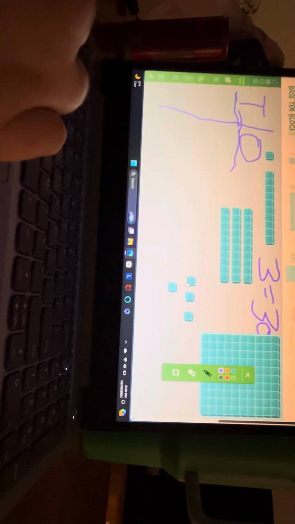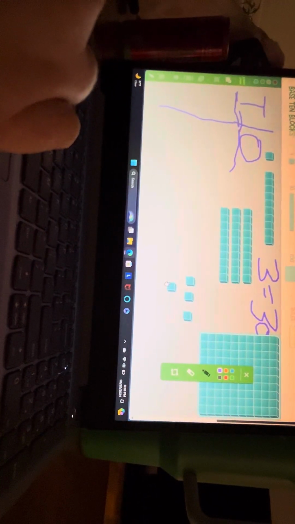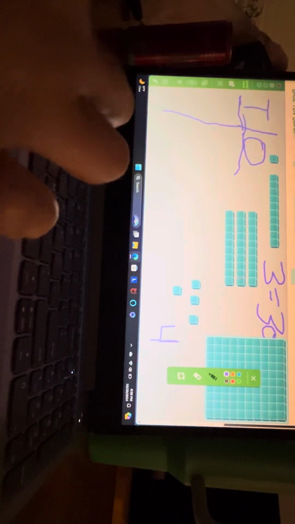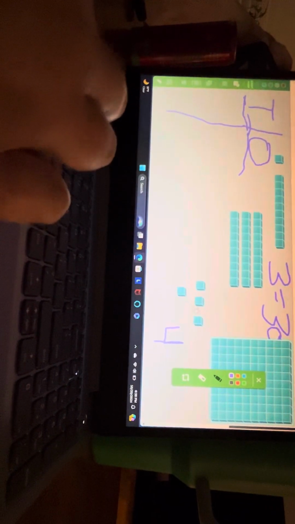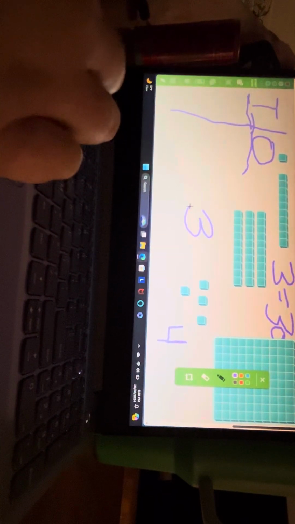So then when we look at this, we're gonna have 1, 2, 3, 4. So we just have 4 little blocks. So if we're counting all together, we have 10, 20, 30, 31, 32, 33, 34. So all together we have 34.